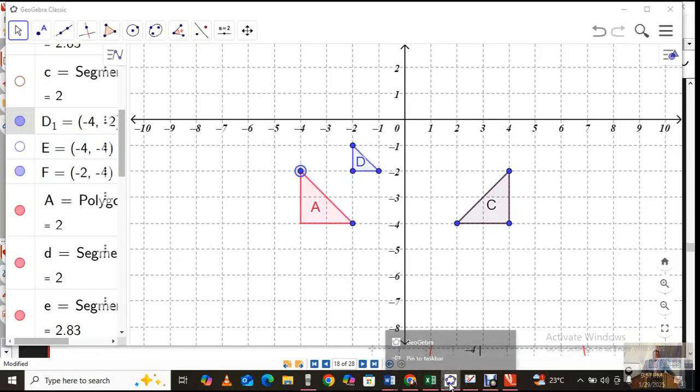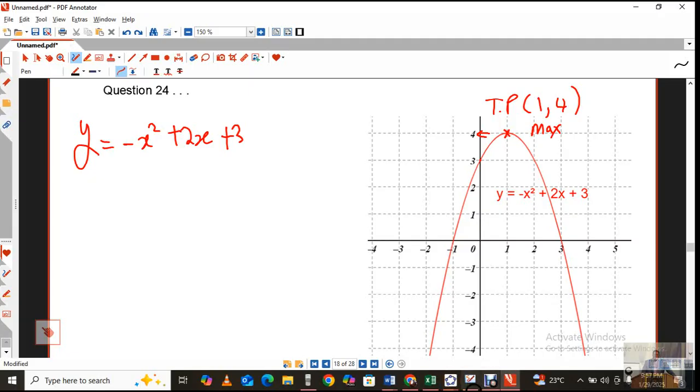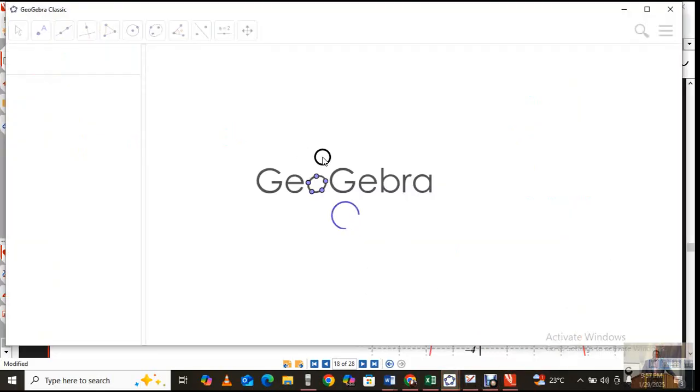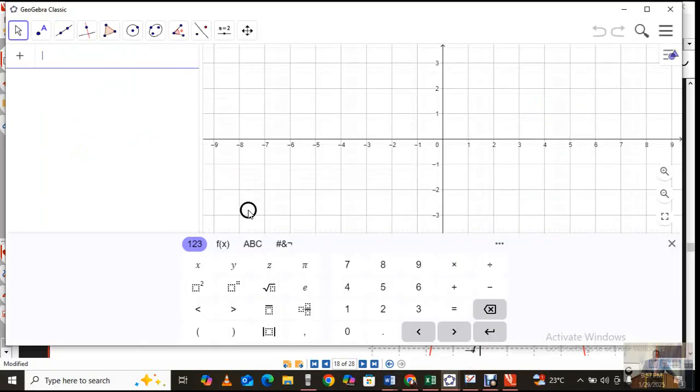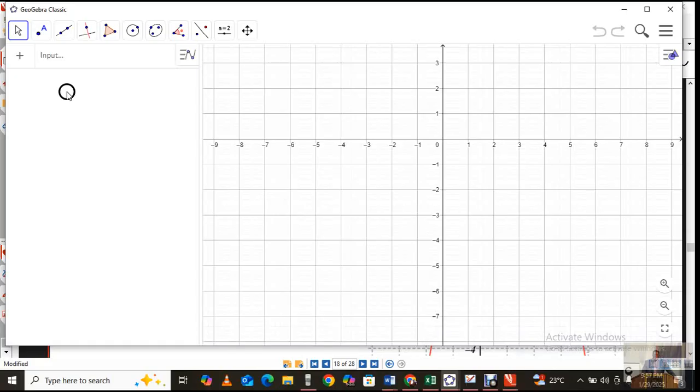Let me just bring in a new one. And we are going to draw that function. I'm just going to open a new one. Okay. And this is also freeware. You find the software is free, downloadable. There are versions that are downloadable, the classic.